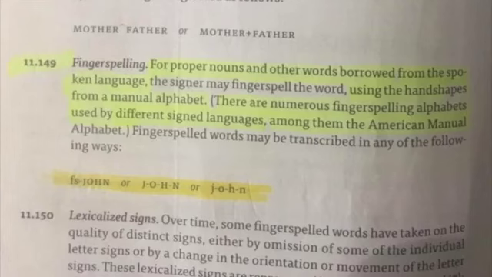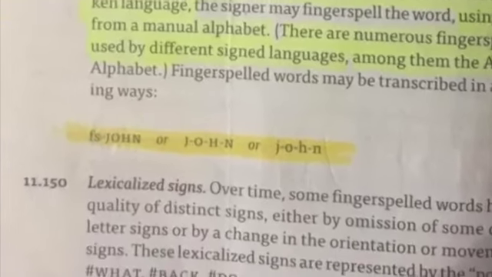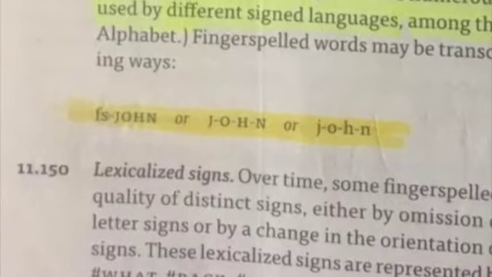So let's just look at how they write names in fingerspelled words. This is something that those guys missed out, and this is really important. As we see here, it says FS. FS just means fingerspelling.